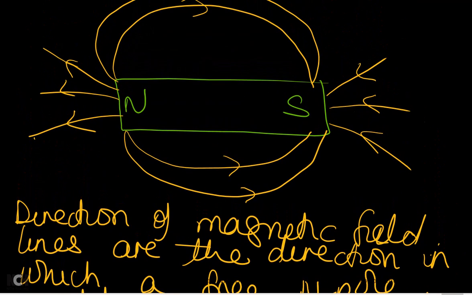Right? So here, if you have a north pole, it would have been pushed away from a north pole, hence the field lines directed out. If you place another free north pole here, it would have become attracted to the south, so hence the field lines go in.